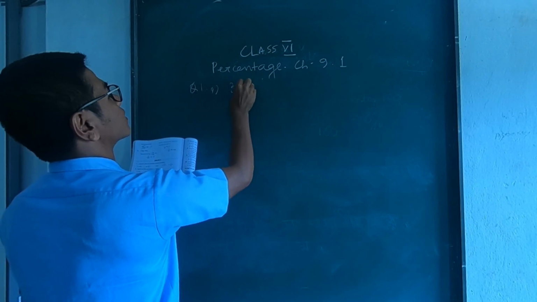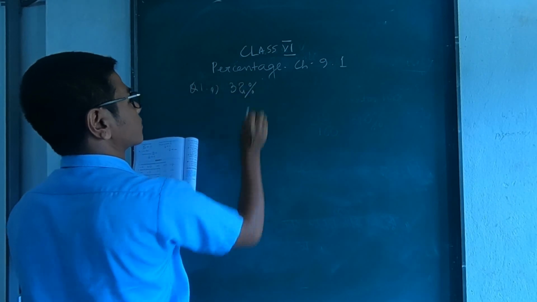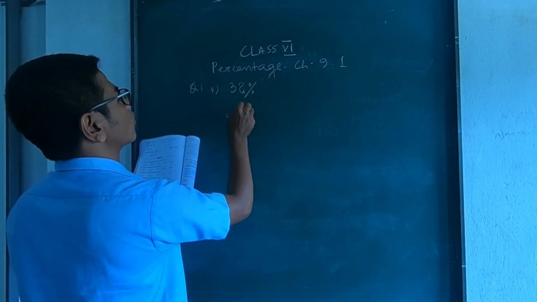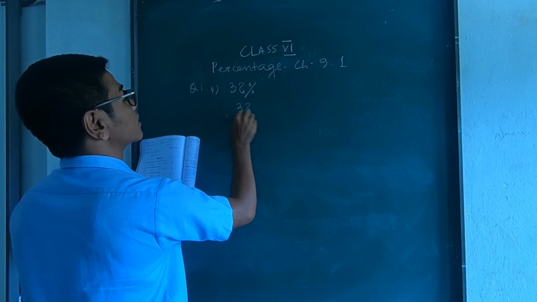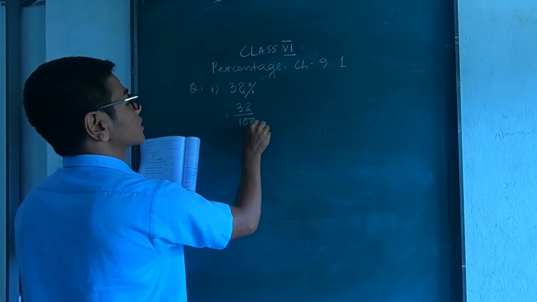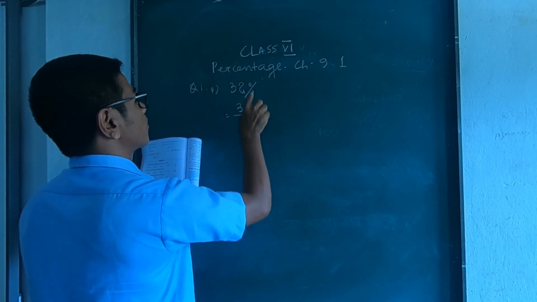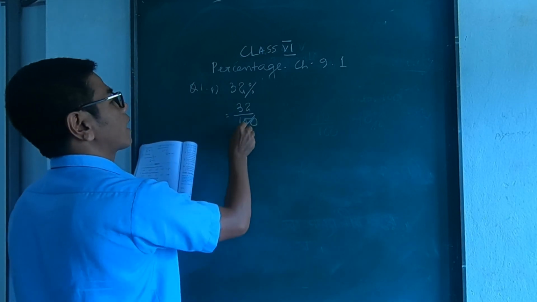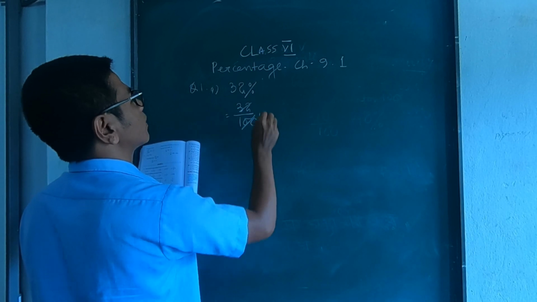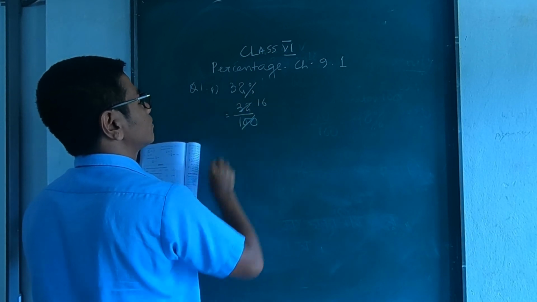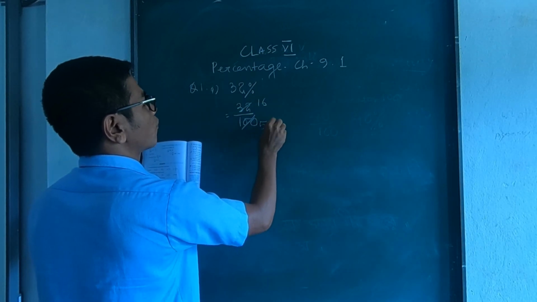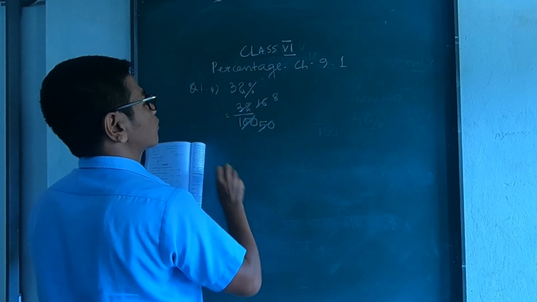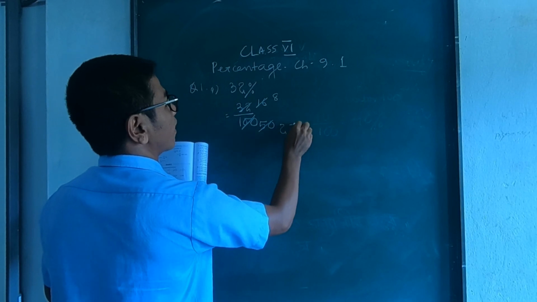It is written 32%. This 32% is, as I have told you, numerator is the number and denominator is 100, because the symbol for percentage is 100. So when we cut in lowest terms, we go with the smallest number, that is 2: 16, 50, further we go 8, 25.